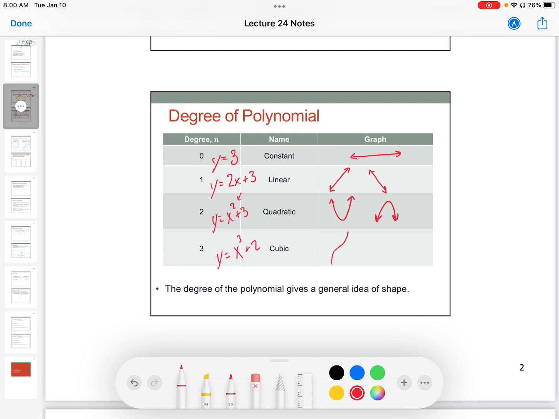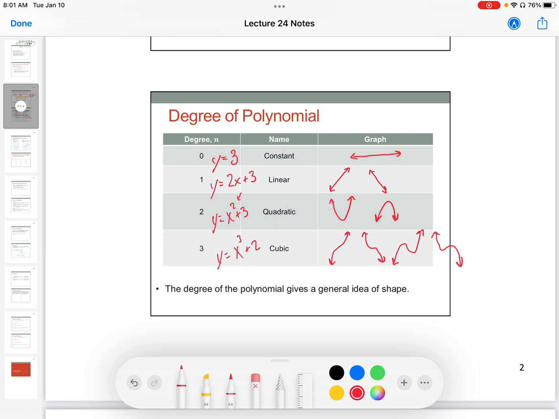We know that our parent function for the cubic function looks like this. You can also flip it and make it look like this. We will see, especially through this lesson, that sometimes your cubics will have a little bit more of a hump in between there, but they have those general shapes.